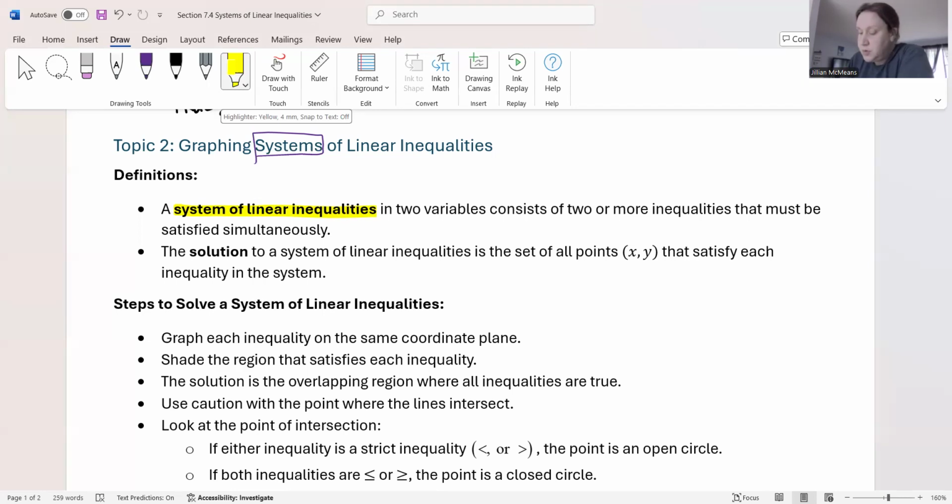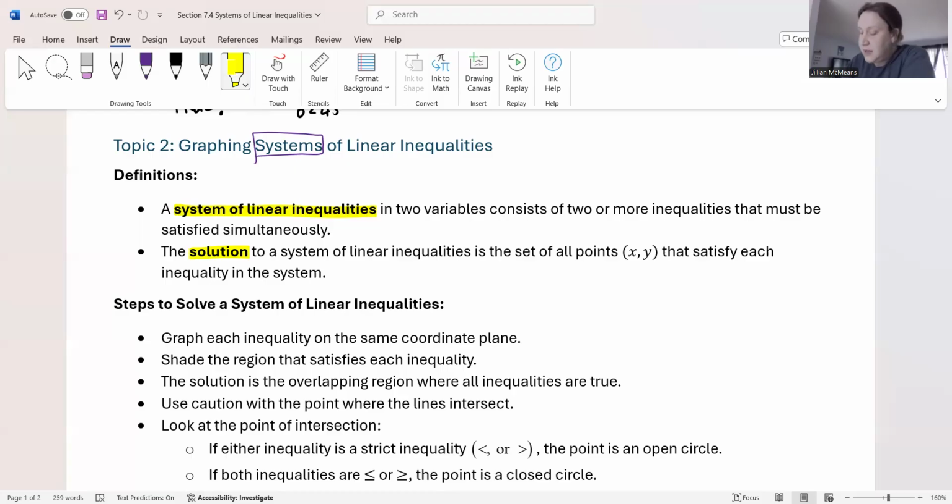Well, the solution to a system of linear inequalities is the set of all points x, y that satisfy each inequality in the system. So what is that? Like, what is that actually going to mean in terms of these graphs? Because we are going to have to graph these to get the solution.